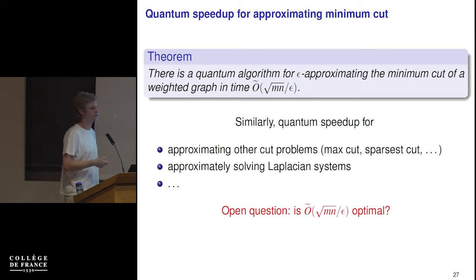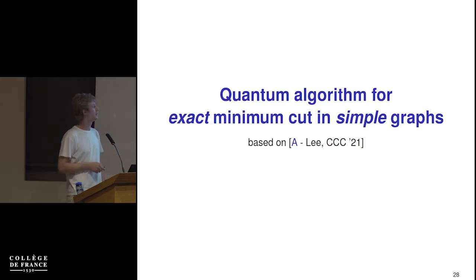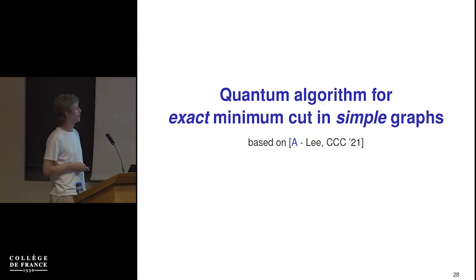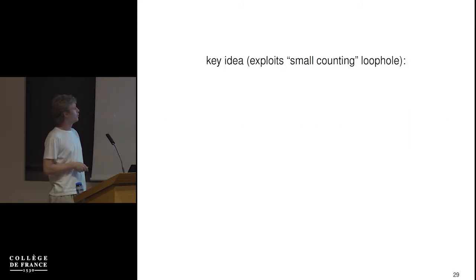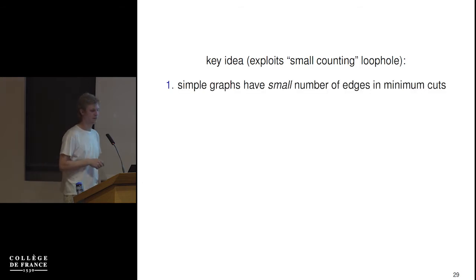So this was exploring this one loophole. But I mentioned there's a second loophole, which we'll exploit in this joint work with Choi Lee, where we construct a quantum algorithm for exact minimum cut, but for simple graphs. So again, we're exploiting the small counting loophole here. And what we're using is that in simple graphs, the number of edges that are involved in minimum cuts is necessarily small.